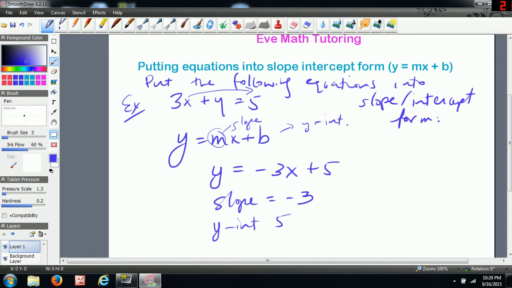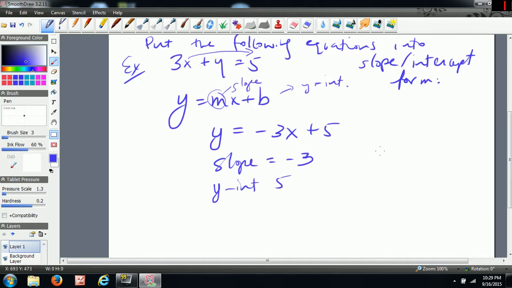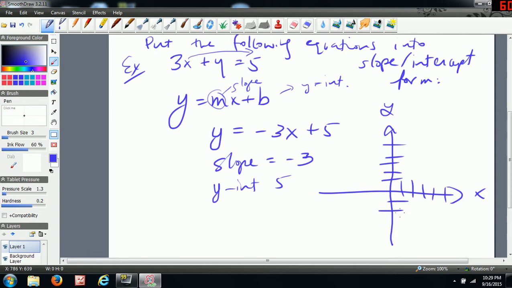So using that information, we can even graph it easily. So the y-intercept is 5, so when x equals 0, y equals 5, so 1, 2, 3, 4, 5. And then we have a slope of -3, so that's -3 over 1, which is, as you know, slope is equal to rise over run.